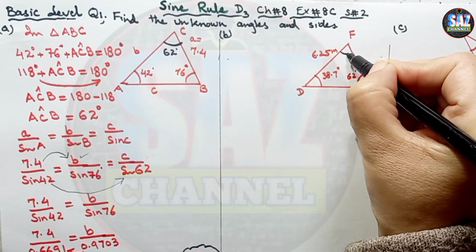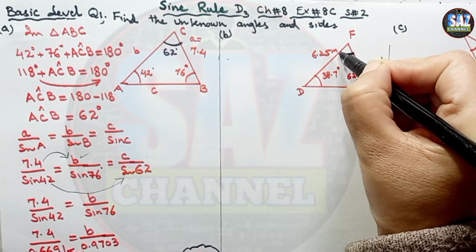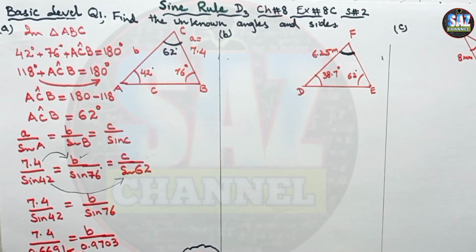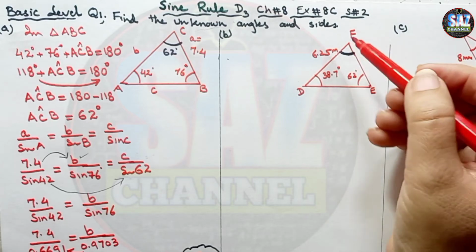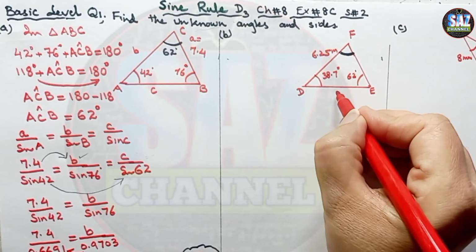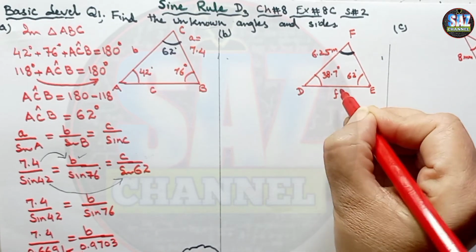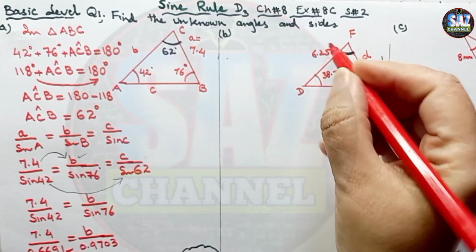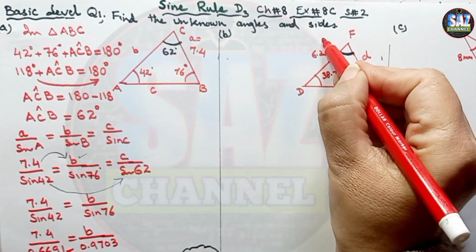Let me mark it with different pens so that my student can understand it easily. First, we have to mark the opposite lengths with small letters. This is F, this is small d, and this is E.